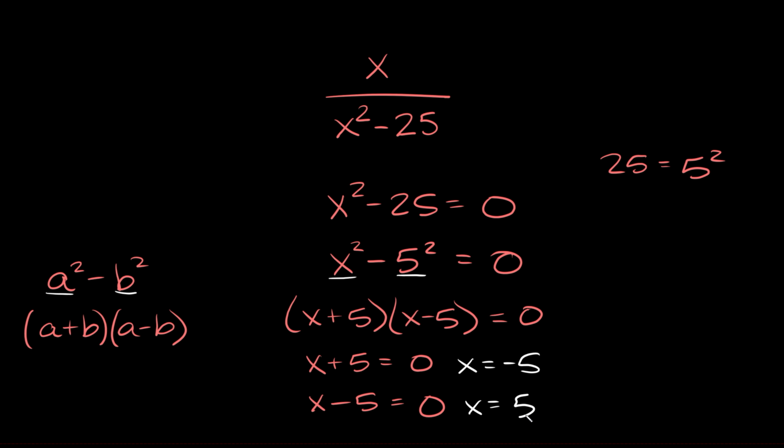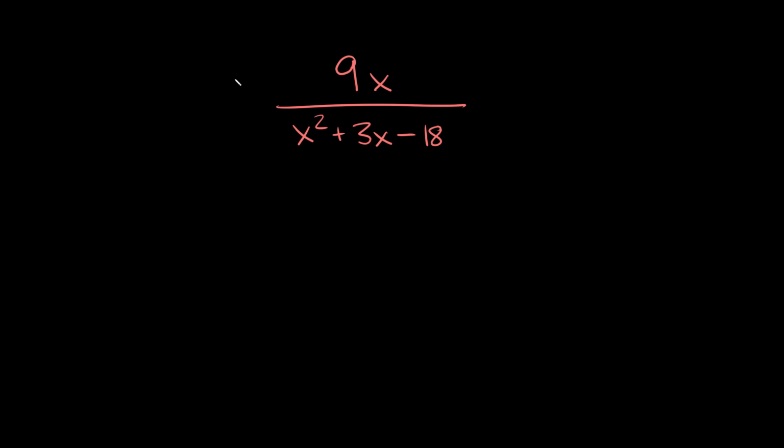So x is equal to positive 5. Great. So this time we got two answers, positive 5 and negative 5. So up here next to our rational expression, we're just going to write both of those. So we're going to say for this rational expression, x cannot be equal to positive 5 and x cannot be equal to negative 5. Boom.